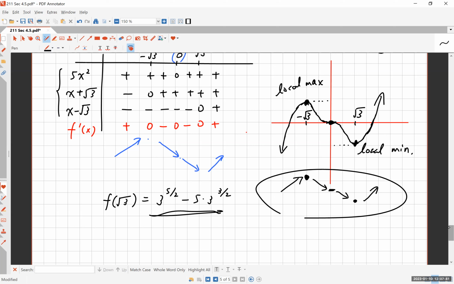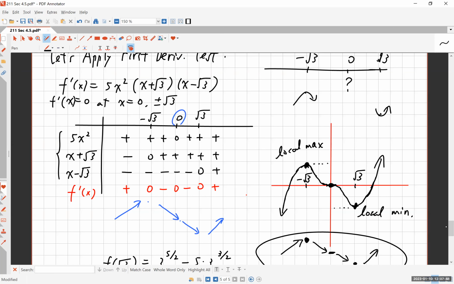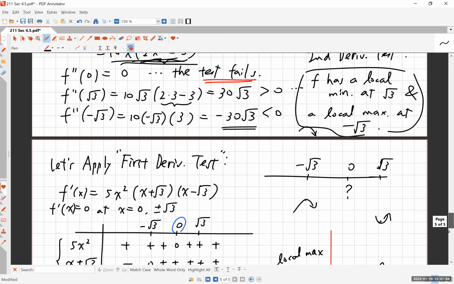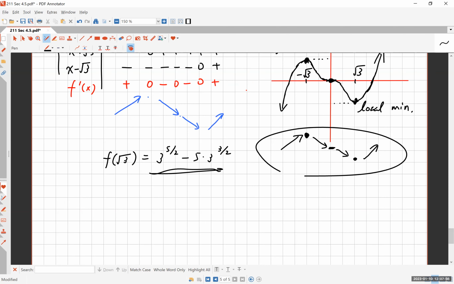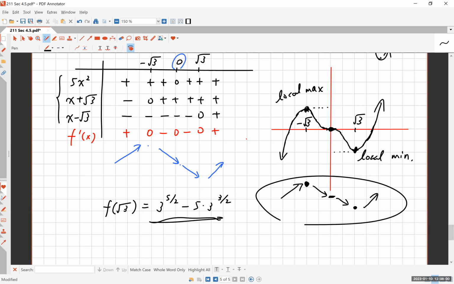While we don't know these things, we do know the rough sketch of this graph, which will look like this, based on our first and second derivative analyses. At least we know that there is a local minimum at square root of 3, coming from the second derivative test, and there's a local maximum at negative square root of 3, again based on the second derivative test.